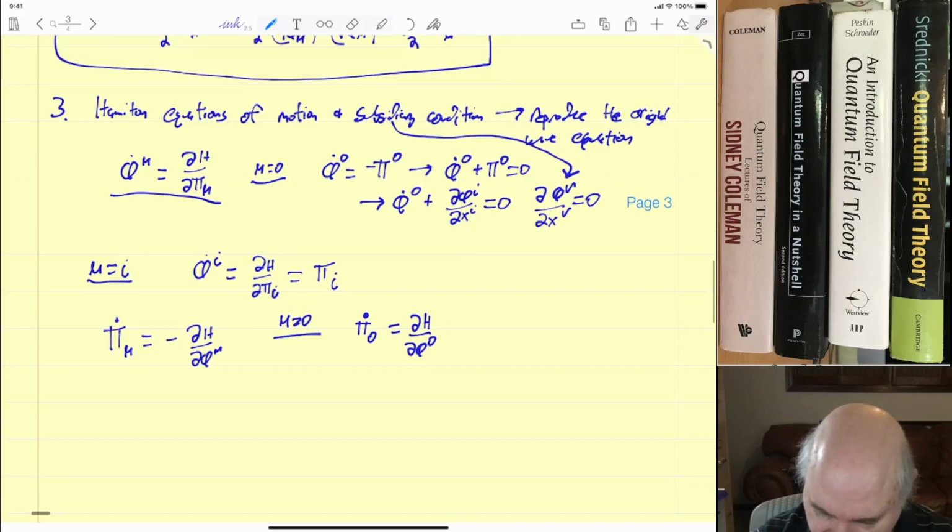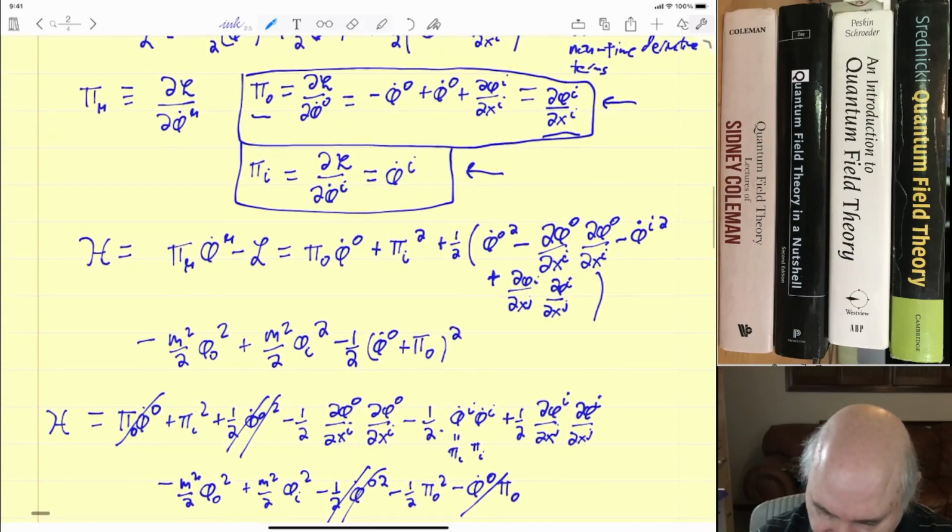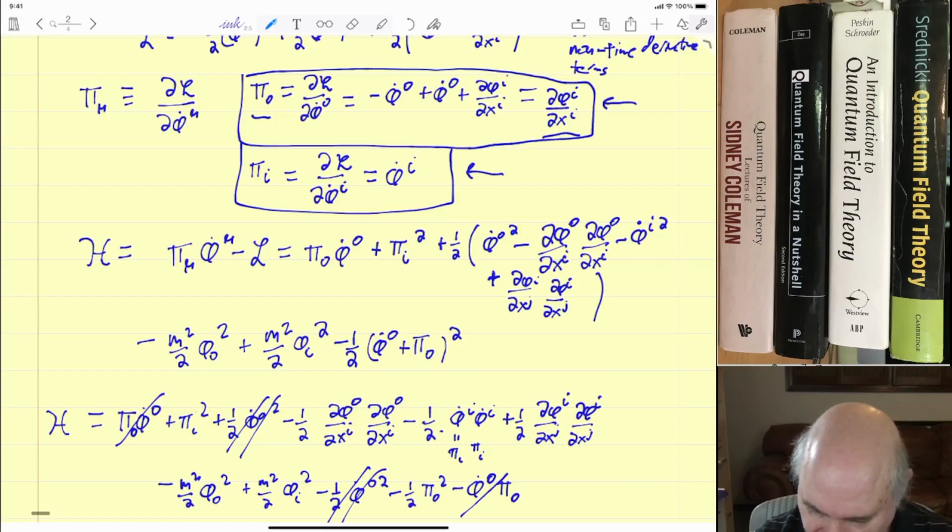Okay, so now if we go back to our boxed equations, we use this. I don't want to use that. Pi dot 0. I always get confused on this one.